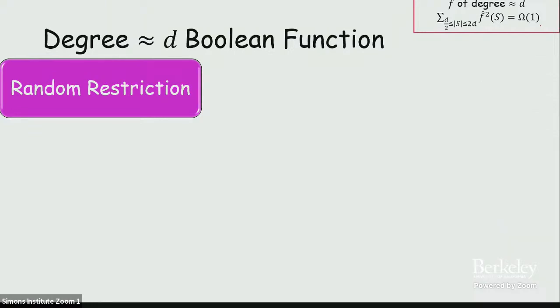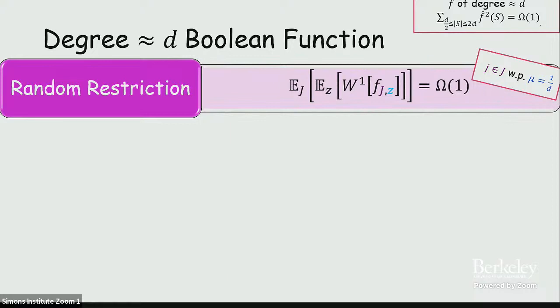So let's assume that our function is of approximately degree d, which means that the weight on the characters between d half and 2d is at least constant. Now if we want to push the weight to level 1, it makes sense to take mu equals 1 over d.